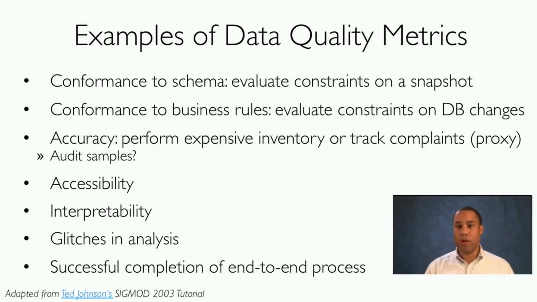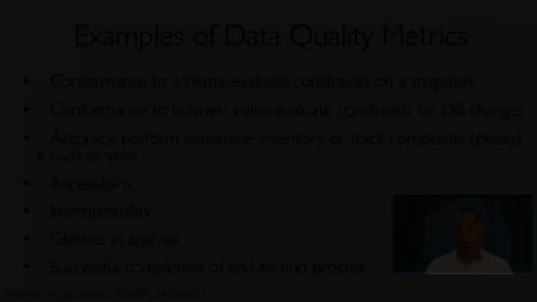This is sort of a proxy metric. Another alternative is to periodically audit our data set and see if the samples match what we expect in terms of accuracy. There are other data quality metric issues like accessibility or interpretability. We can also have glitches in our analysis that we want to track, or we can have metrics around successful completion of the end-to-end process.